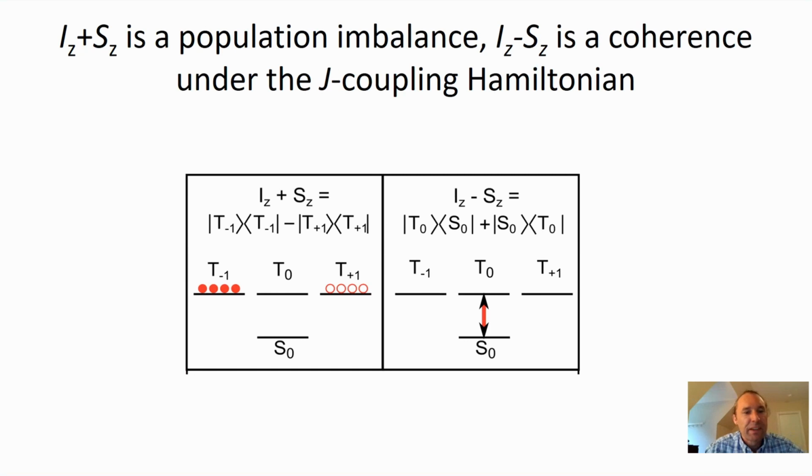If we now take this operator Iz plus Sz and we depict it with these eigenstates that I just shown you, then what happens is that Iz plus Sz is actually a population difference between the T minus state and the T plus state. And so because it's just a population difference, it means there's no expected evolution. The state Iz plus Sz commutes with the J coupling Hamiltonian. And therefore, the populations just sit, and the only reason they would change are relaxation effects.